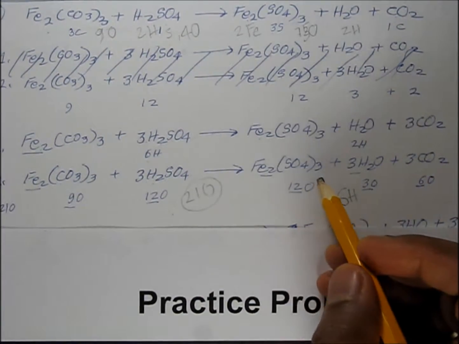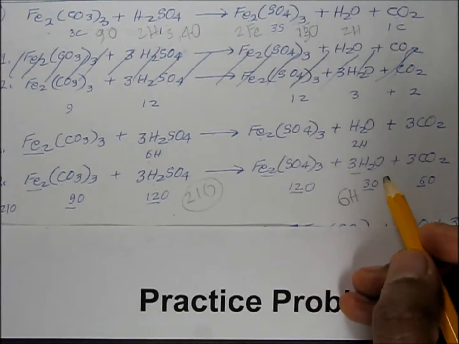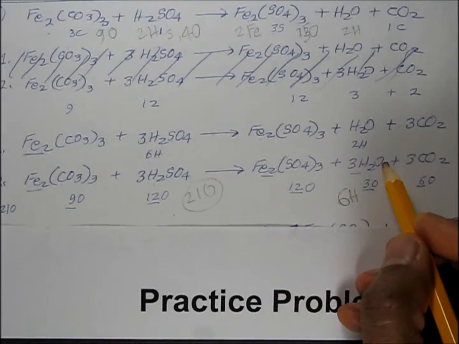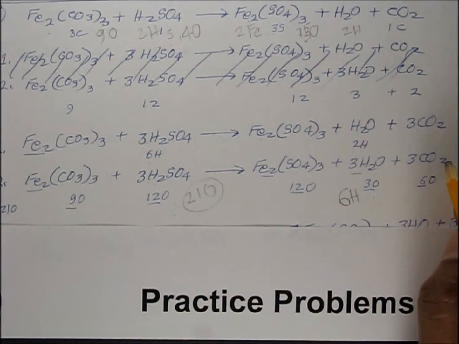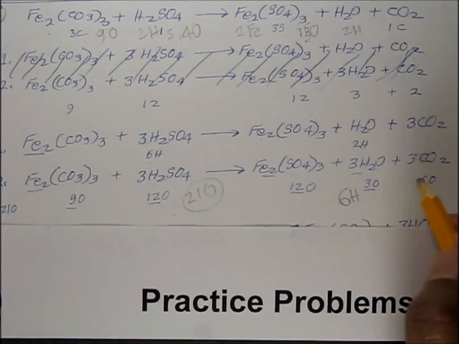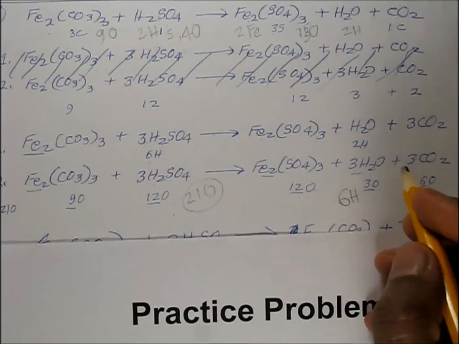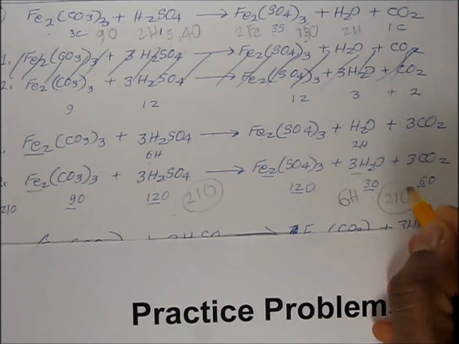Now we have to balance oxygen on this side. So 4 multiplied by 3, 12, and then 3 from the water molecule, 15, and then 3 multiplied by 2, 6 from here. So 15 plus 6, this is also 21 oxygen. So now everything is balanced.